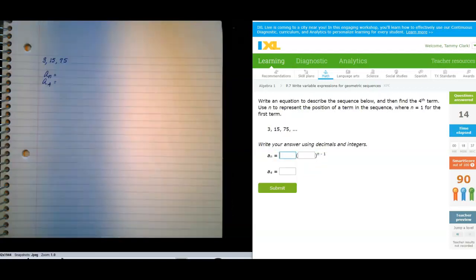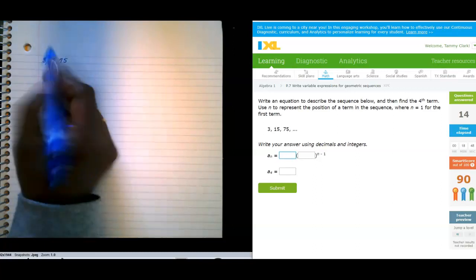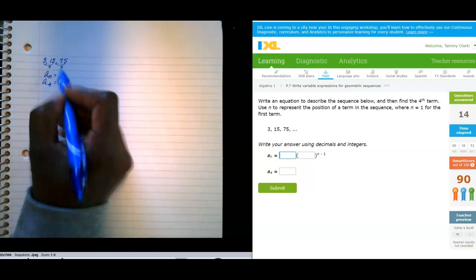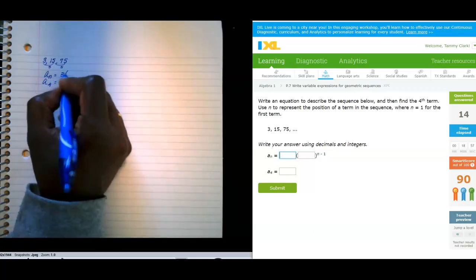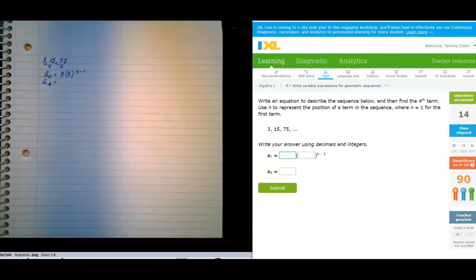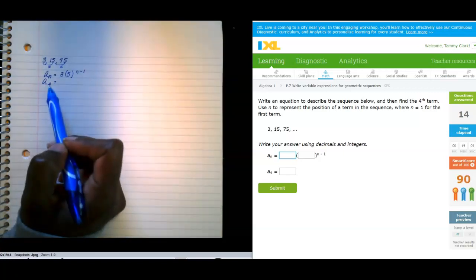Alright, what if you decide to go past the 80s and you get to something like this? You're not going to change your process, you're just going to take it one step further. So here we have 3 to 15, 15 to 75, so we know we're multiplying by 5. So the equation would be a sub n is equal to our first term times our common ratio, n minus 1. Now, if you notice, we have a sub 4 here, so what they're saying is find the fourth term.